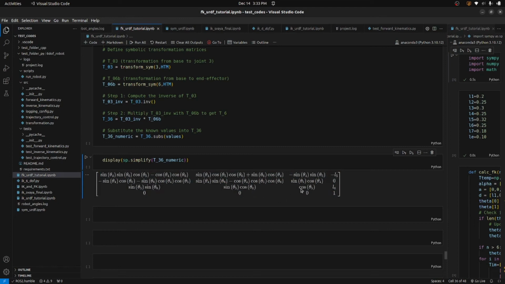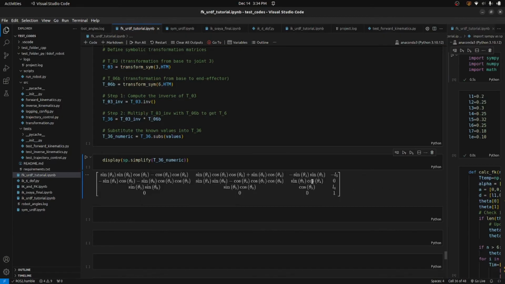You can see that there is a cos theta 5 here, sin theta 5 cos theta 4, minus sin theta 4 sin theta 5, sin theta 5 cos theta 6, sin theta 5 sin theta 6. From here we can easily find theta 4, theta 5, theta 6. We can just compare it with the matrix with the numerical values that we already found. We can directly compare this cos theta 5 with that value, and we will get theta 5 from here.